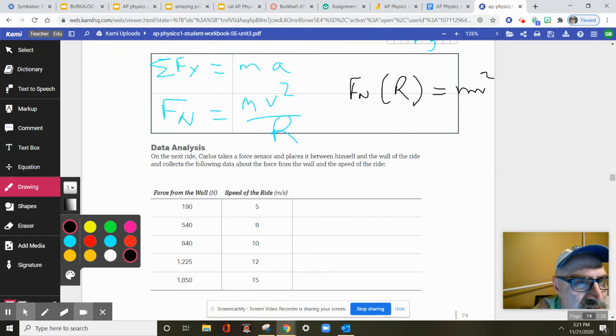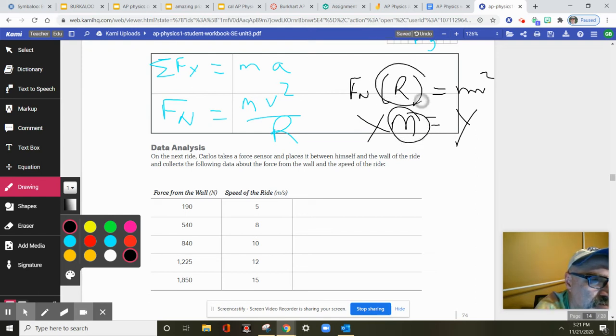So the mass is a constant thing. It doesn't really matter. And so this is kind of like y equals mx, right? So the slope would be that, and this would be the x variable, and this would be the y variable.